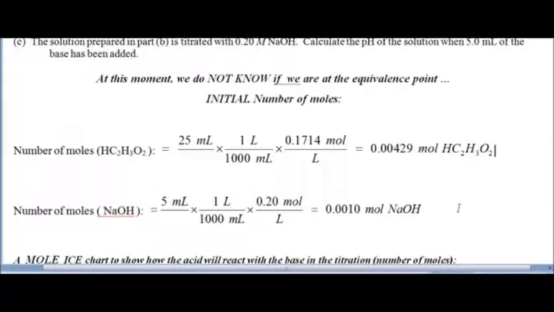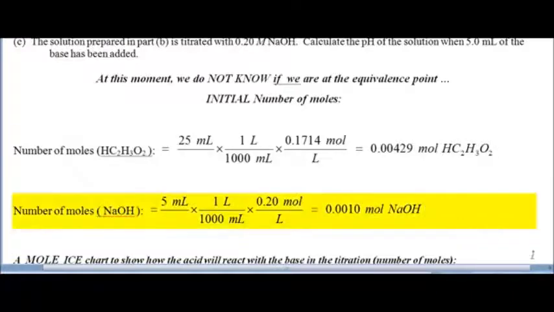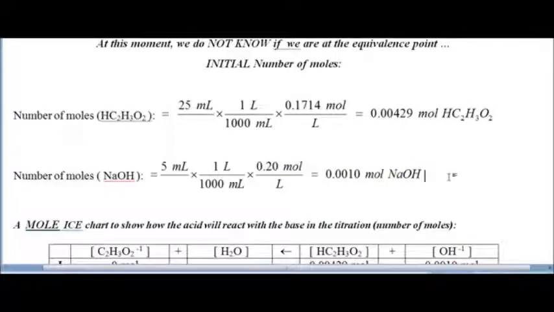So in this part we're going to add 5 milliliters from the burette and find out how many total moles of the sodium hydroxide is going to be added to the 0.00429 moles of acetic acid. So we know the volume and we know the molarity of the sodium hydroxide. In this case, we're adding 0.001 moles of sodium hydroxide. So right off the bat, we can see that we are not at the equivalence point here.